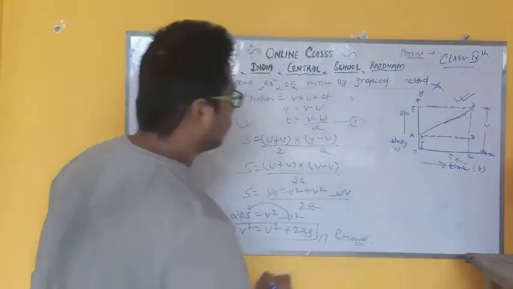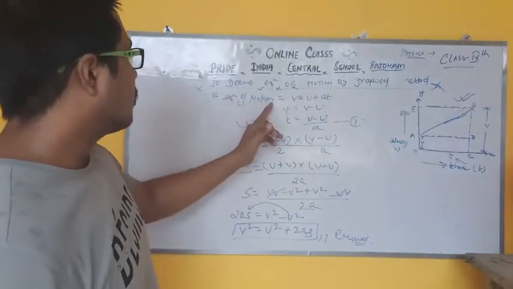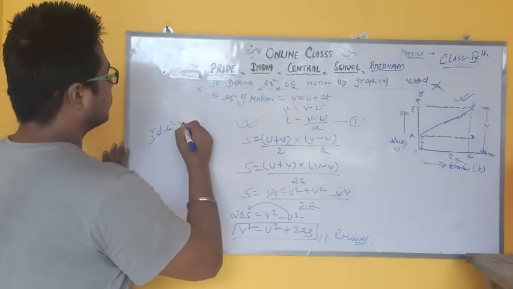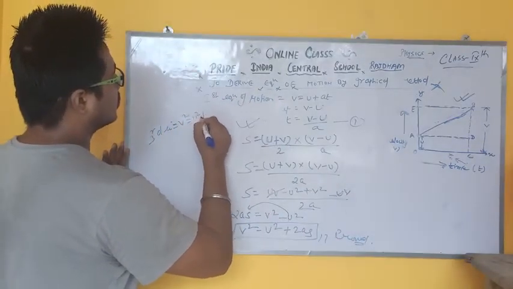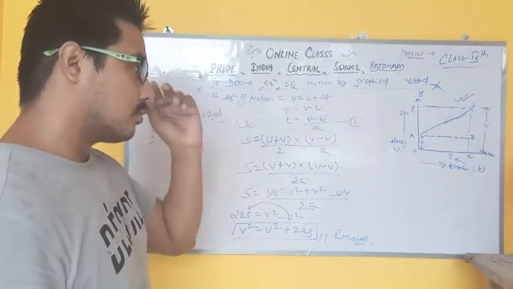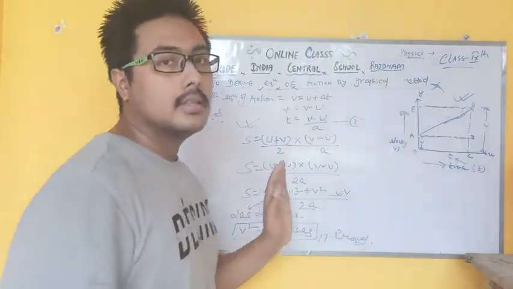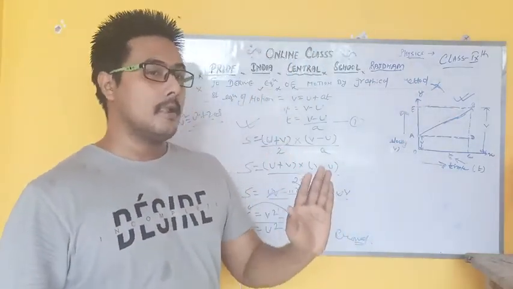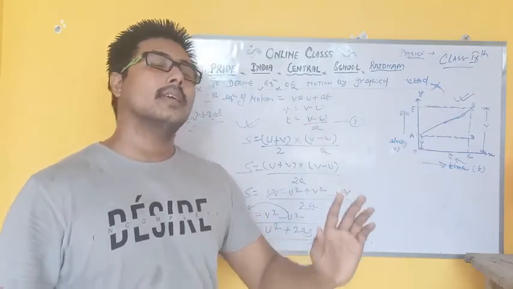And this has been proved. This proves the third equation of motion, that is V square is equal to U square plus 2AS. So these are the three equations of motion that you really need to derive if asked in the examination.